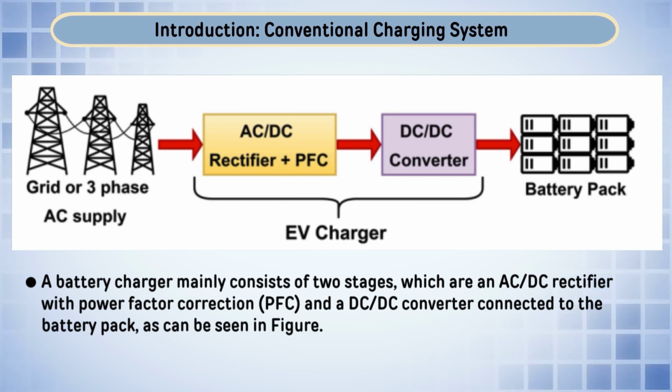This charger includes 2 stages and is also integrated with a power factor correction unit, so that the voltage and current at the AC supply side are in phase and the power factor can be maintained at unity.